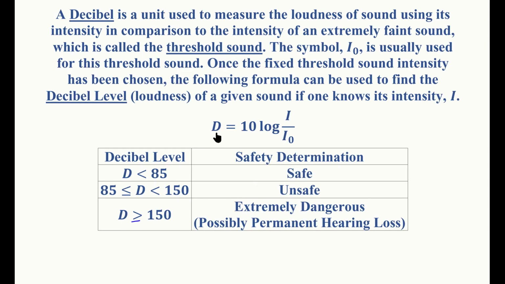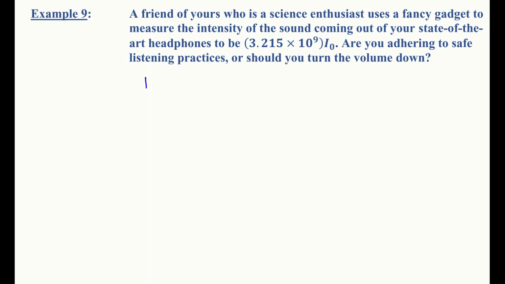It's a simple formula: D equals 10 times the log of that quotient. So we go ahead and write the formula down. D equals 10 times the log of I over I0. Notice that the intensity is always given as some number times that threshold intensity.